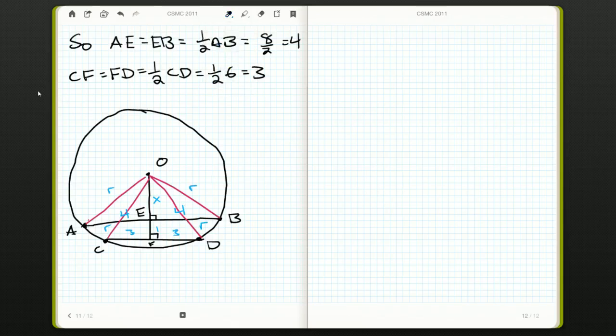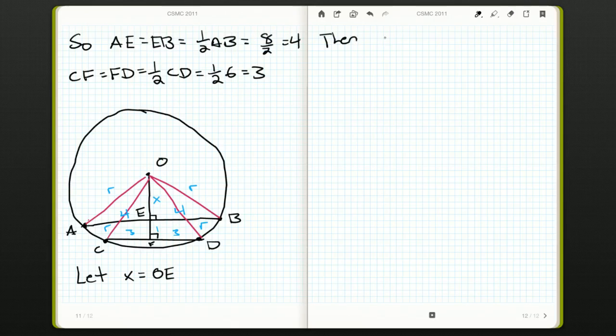So you'll notice here in our diagram I've labeled x. Let x be the length OE. Well, OF is then OE plus EF. So we can see that that's x plus 1.